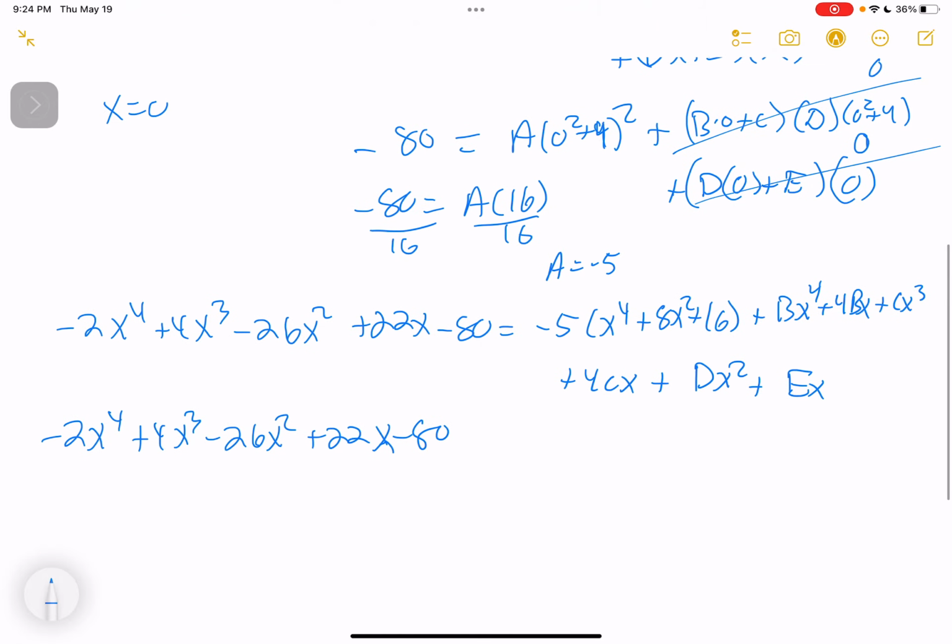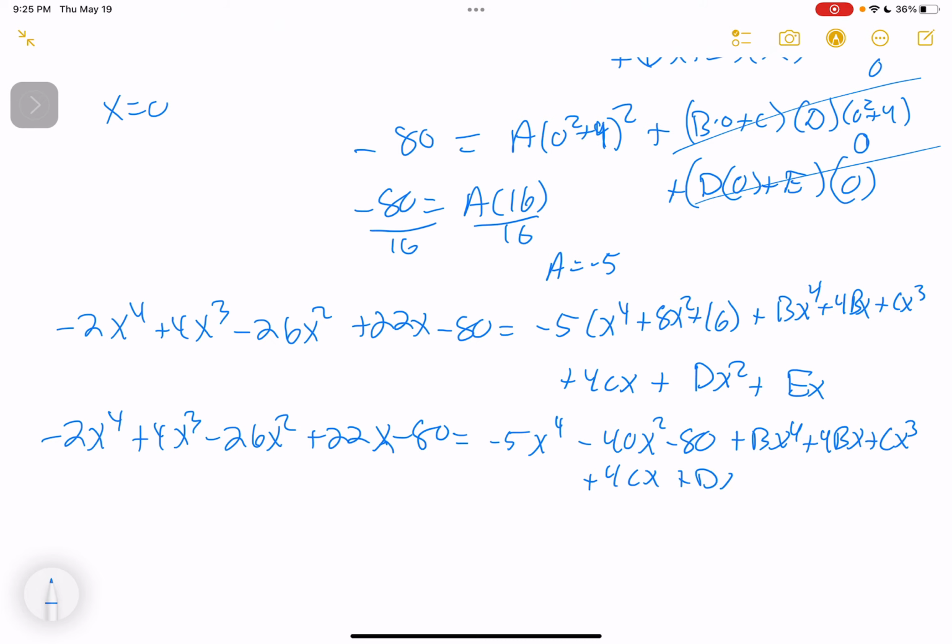Just want to double check because it's easy to make a little mistake that causes a big problem. So minus 5x to the fourth minus 40x squared minus 80. Remember that 80 we found earlier? That's where it comes from. Plus Bx to the fourth plus 4Bx plus Cx cubed plus 4Cx plus Dx squared plus Ex.